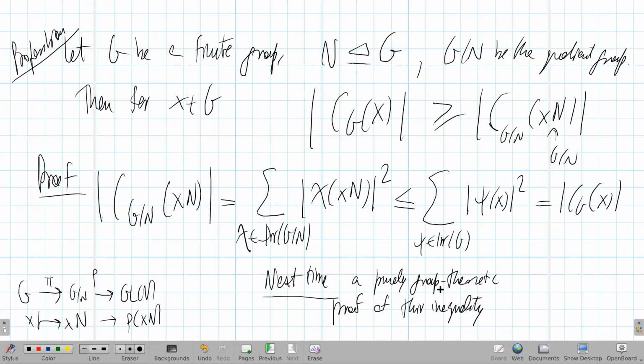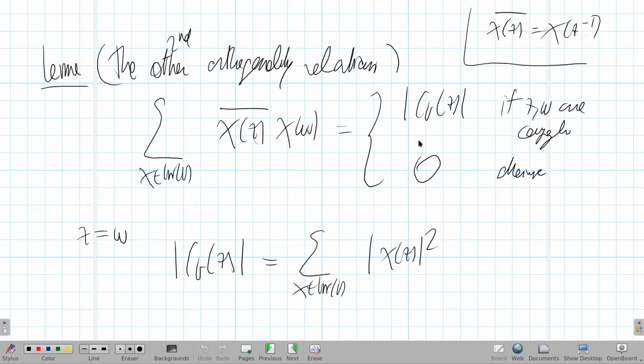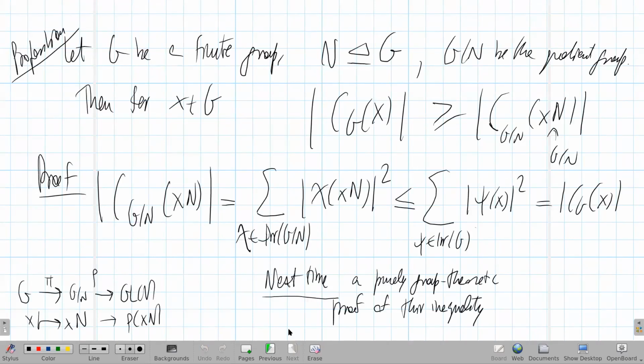Purely group theoretical means that I'm not mentioning characters or representations. So the fact that we are using characters here to prove it is, well, surprising. It's not obvious, but there is a proof that just requires actions and the like, and we'll see that next time. Then we'll see how we can apply these formulas to solve, again, a purely group theoretical problem.